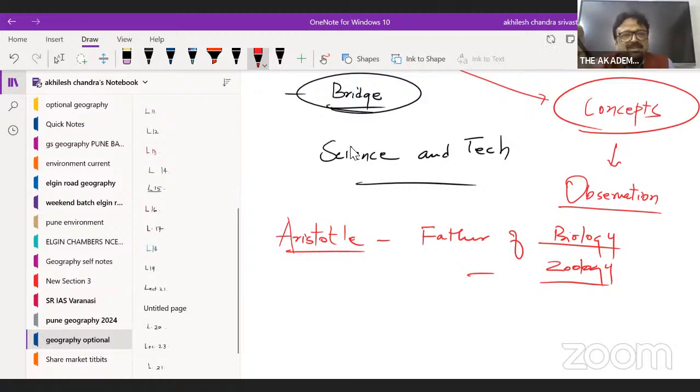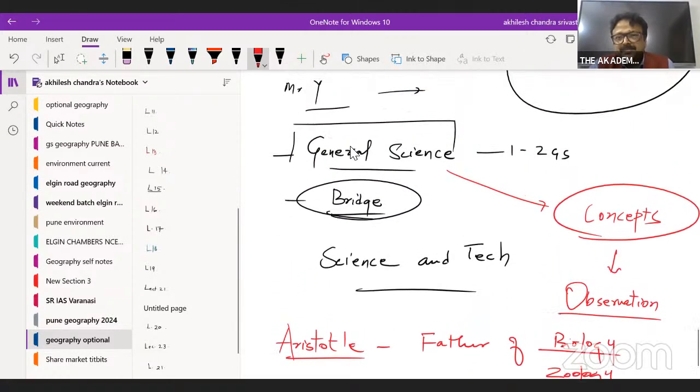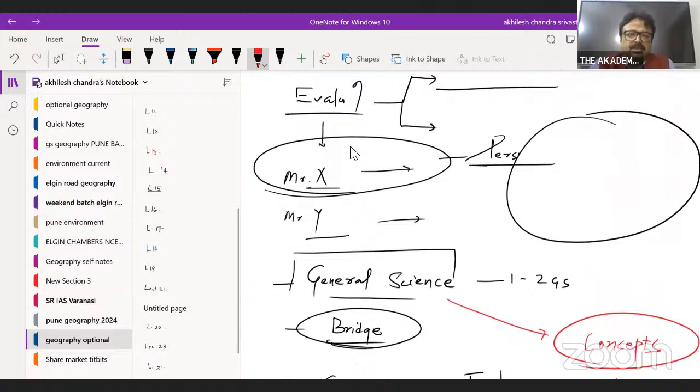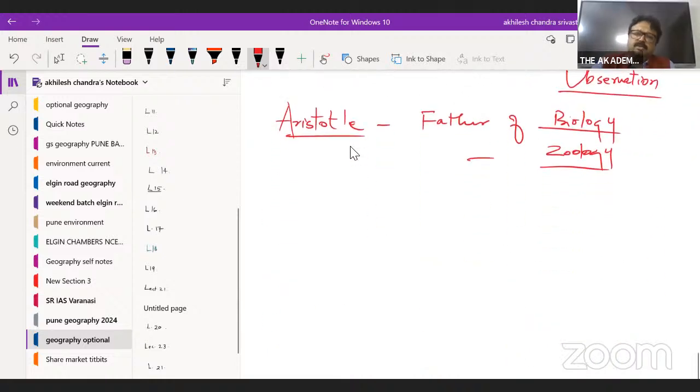I hope you understand. So if you have mettle then you can do anything. So this is how we will proceed for this particular understanding of geography. And I ensure that obtaining 280 to 300 is not hard for geography students.